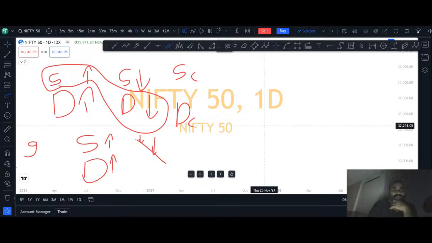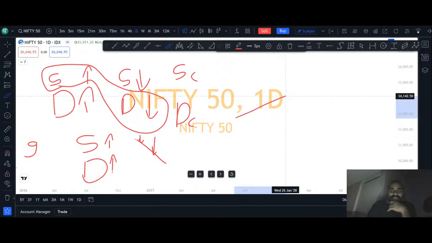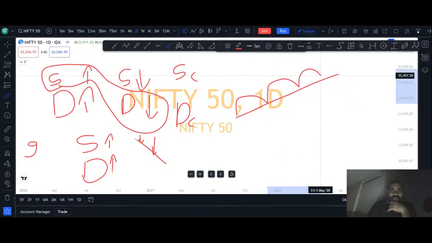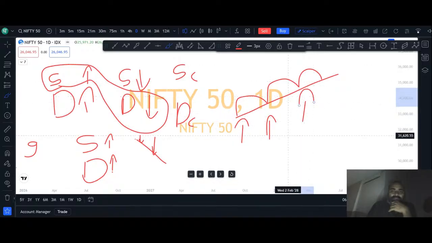In the stock market, there is a demand increasing, right? Demand increasing means the price will go up like this, because whenever price comes to this line, every time the demand is increasing, that's why price is going up, right?